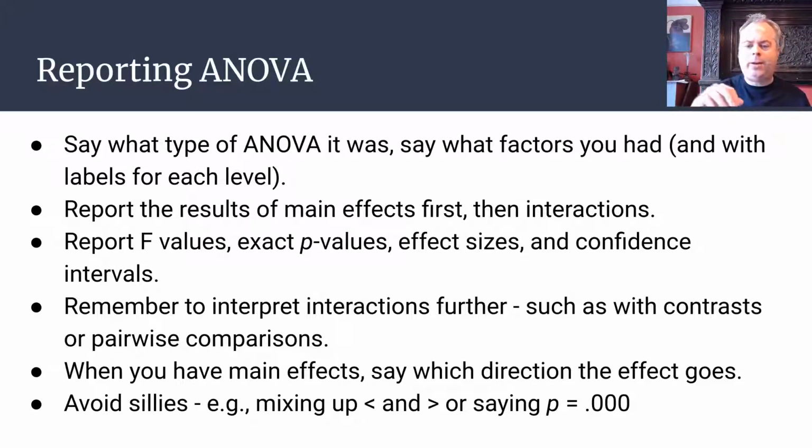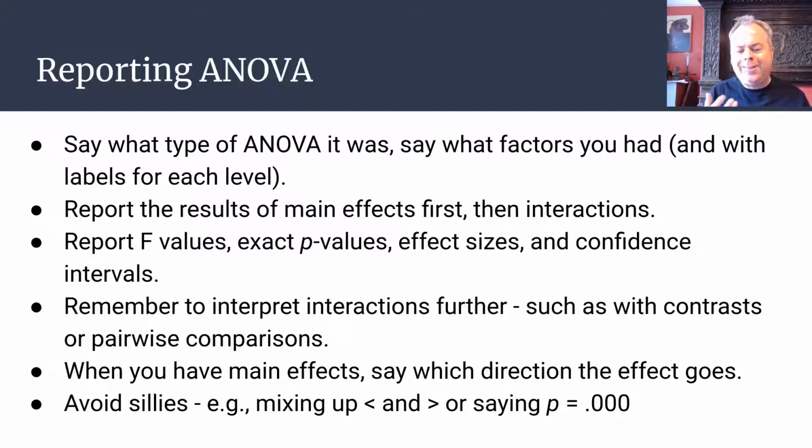Report your main effects first and then your interactions. And when you're reporting these things, report your F values, your exact p-values, effect sizes, and if possible, your confidence intervals. Always remember that you need to interpret interactions further and follow those up with contrasts or more likely pairwise comparisons. When you have main effects, it's important to say which direction the effect actually goes.